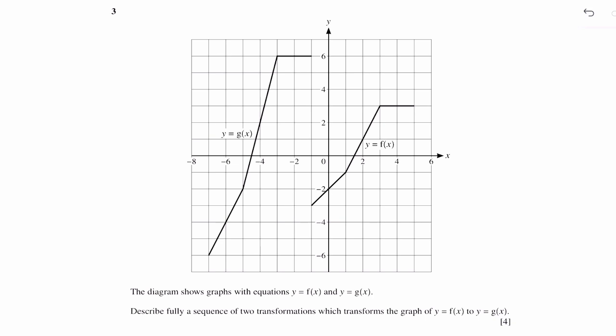All we have to do is take a look at a point on f of x and see what happens to that point to get us to an equivalent point on g of x. For instance, the point (5, 3) on f of x corresponds to the point (-1, 6) on g of x.